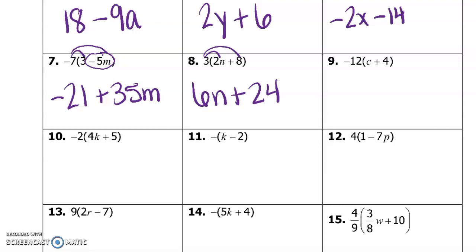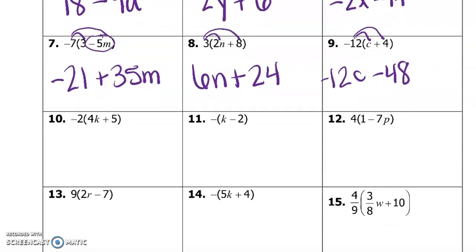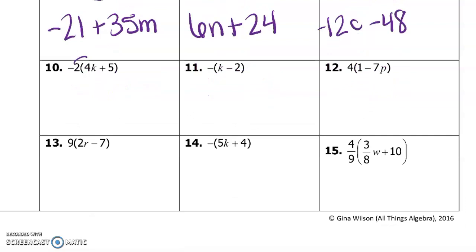Number 9, negative 12 times c is negative 12c. Negative 12 times 4 is negative 48, so minus 48. Number 10, negative 2 times 4k is negative 8k. Negative 2 times 5 is negative 10, so negative 8k minus 10. Notice again we had a negative on the outside, so that plus sign changed to a minus sign.